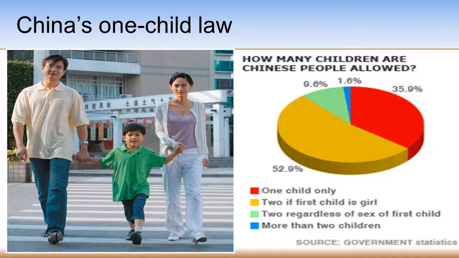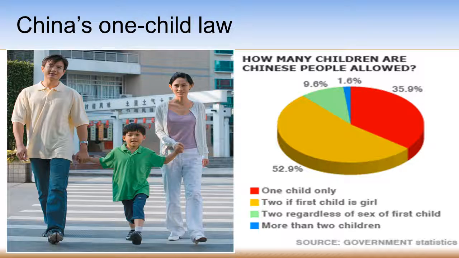About 53% of the Chinese population are allowed to have two children if the first child is a girl. There's a small percentage of the Chinese population, about 9.6%, that are permitted to have two children regardless of the sex of the first child. And there's an even smaller percentage, 1.6% of the people, who have more than two children.